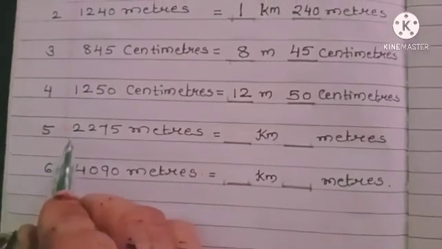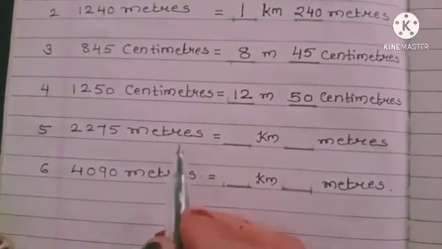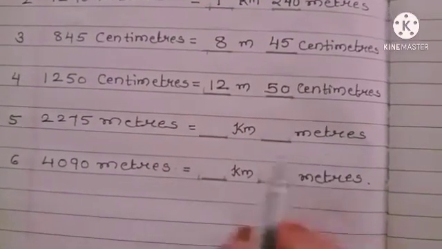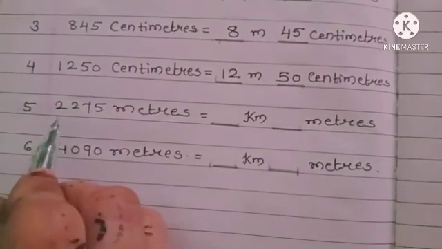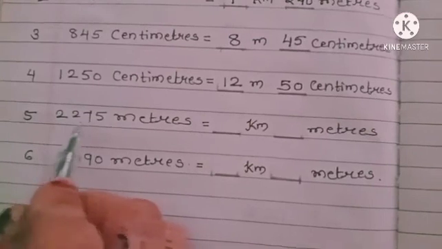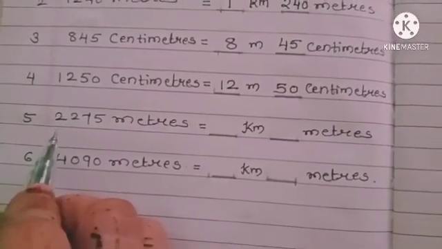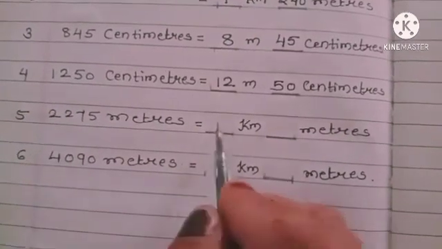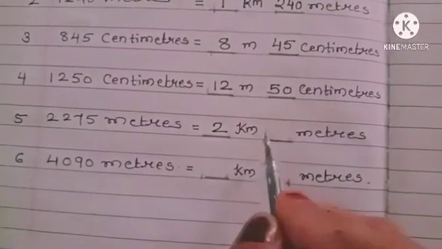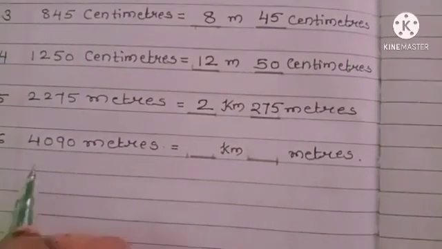Fifth is given 2275 meters. We have to separate this into kilometers and meters. So here if we separate this, it is 2000 meters plus 275 meters. So 2000 meters is equal to 2 kilometers. So write down here 2 kilometers and 275 meters.